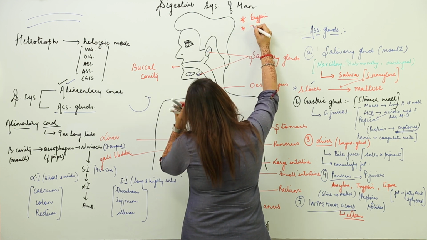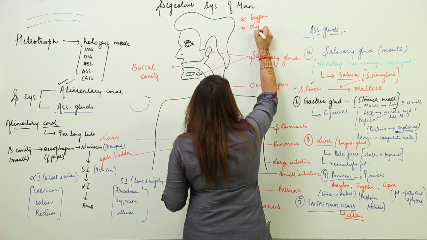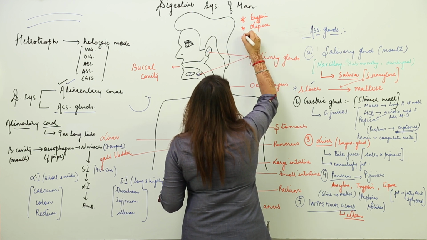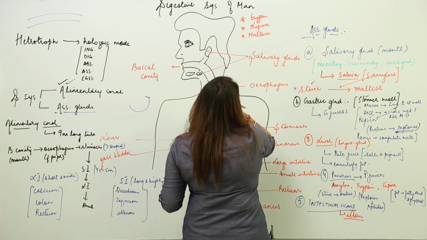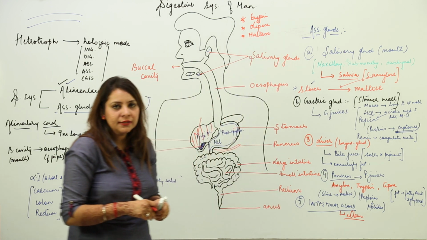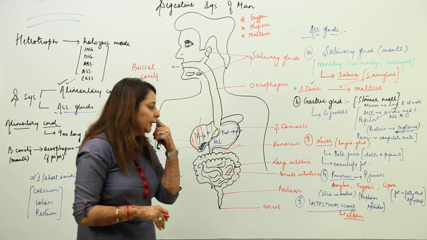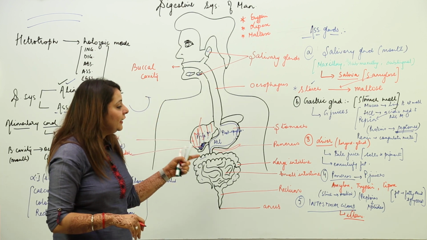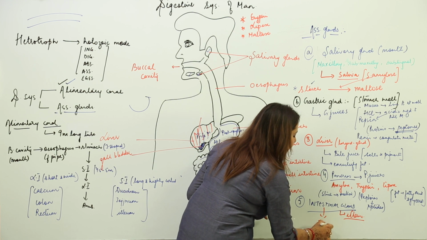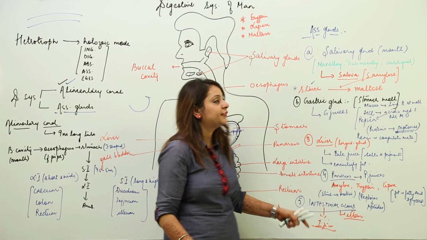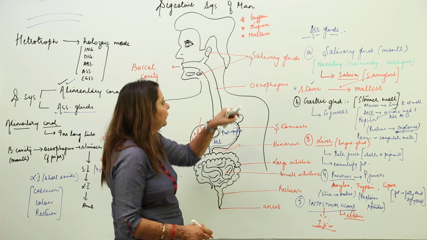It secretes lipase again. It secretes maltase. So these are the important enzymes secreted by the intestinal gland. The intestinal gland secretes an intestinal juice which is a mixture of many enzymes. Out of these, the three important enzymes have been written here.